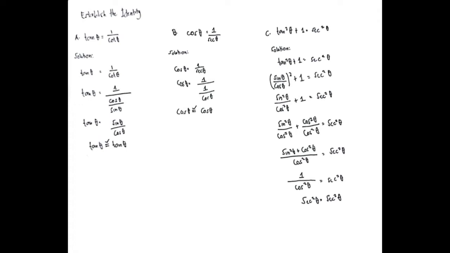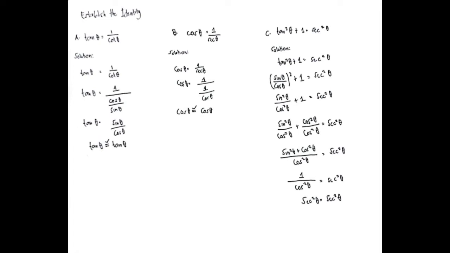So the solution is, we have the given tangent theta equals 1 over cotangent theta. Do we all know that cotangent theta is equal to cosine theta over sine theta?